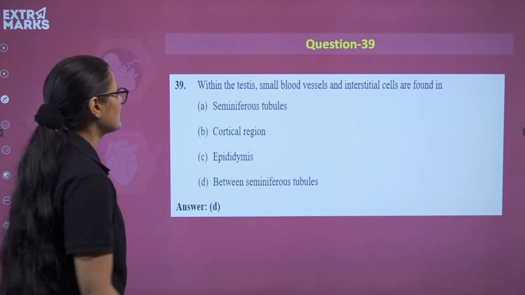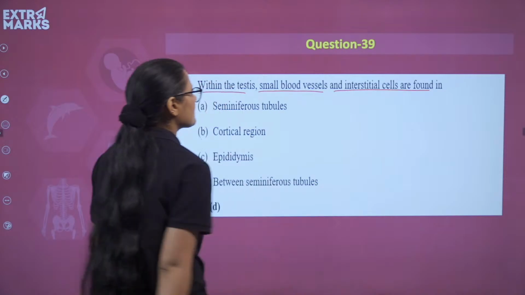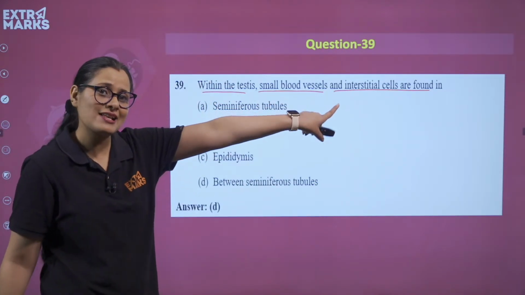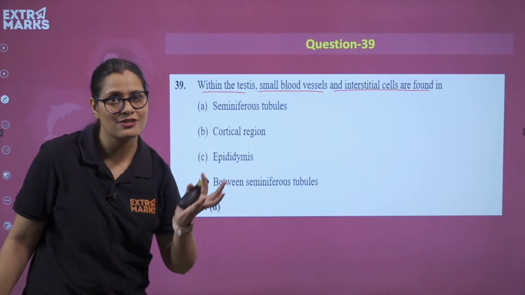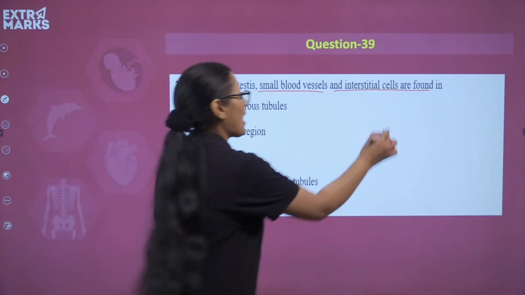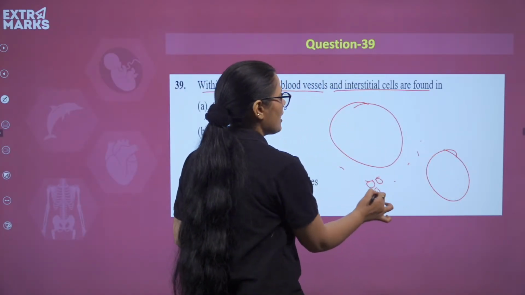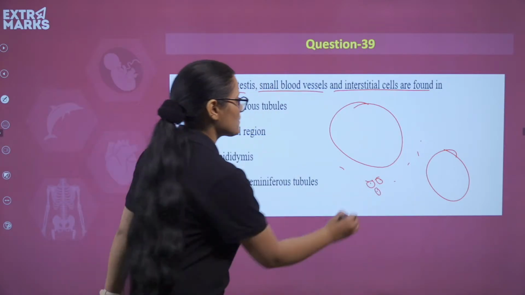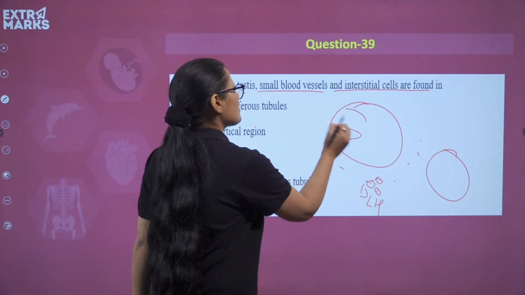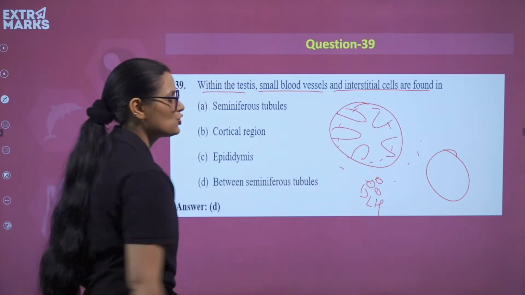Next question 39 says, within the testis, small blood vessels and interstitial cells are found in. So within the testis, the interstitial cells are present in the interstitial space between seminiferous tubules. So you have your seminiferous tubules, and in between them you have your interstitial cells which are responsible for producing the hormone, and these seminiferous tubules have Sertoli cells and your germinal epithelium or germ cells, right?